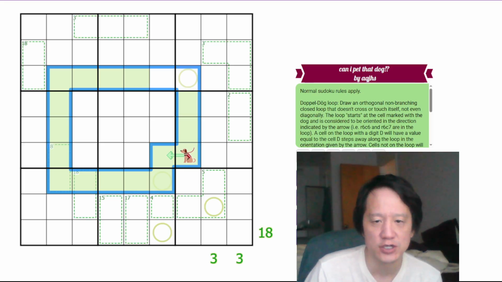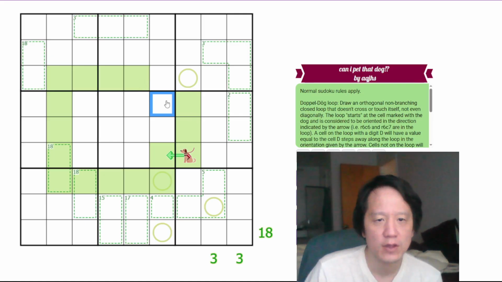Now, about touching diagonally, what's a valid example? This is not valid because it touches itself diagonally.